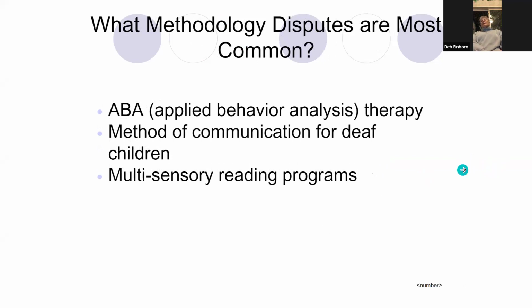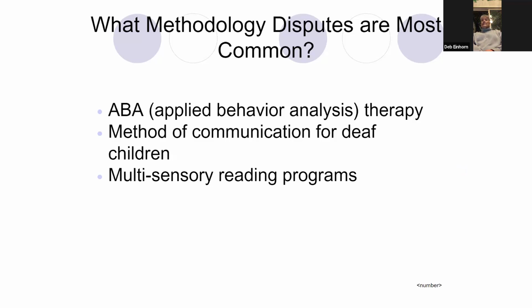The unfortunate thing about these kinds of disputes is that for parents, it's very difficult. They have rights, and they have all the dispute resolution safeguards that are available to them. But if you're having a disagreement with your school about these methodologies, what parents really need in order to prevail in a hearing is an expert witness.